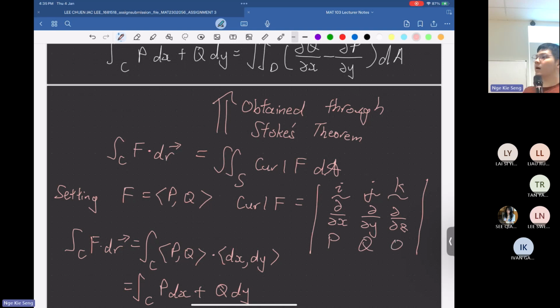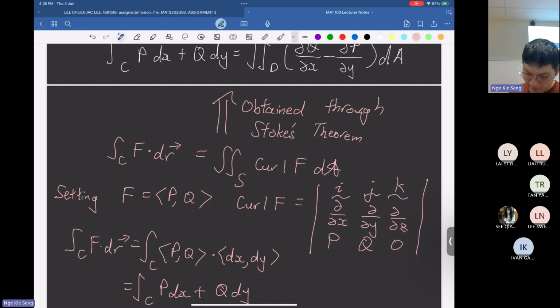Here it is 0. I don't have work done in the k direction. But in curl F, I need a direction in k because it is in 3 dimensions. If I bound a surface, this surface must have a direction, so this direction must live in 3 dimensions. So curl F is a 3-dimensional thing.